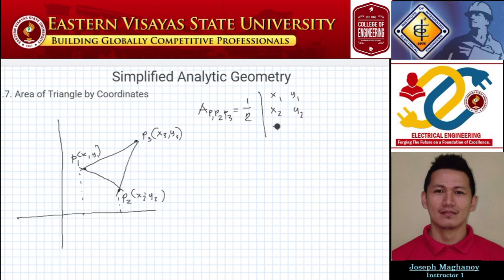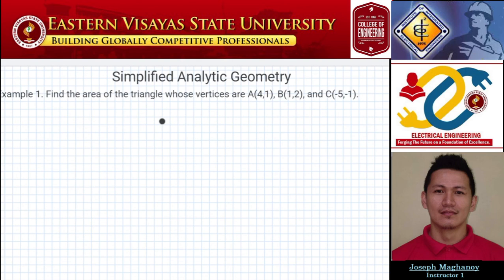So this is your formula for the area of a triangle by coordinates. So for example, find the area of a triangle whose vertices are A, B, and C. So let's plot, or we can directly substitute the given coordinates to our formula.